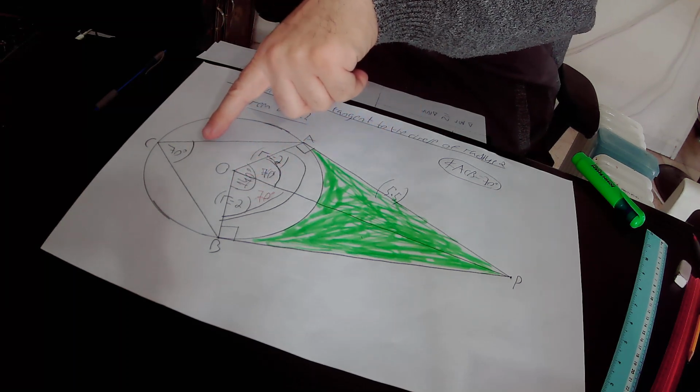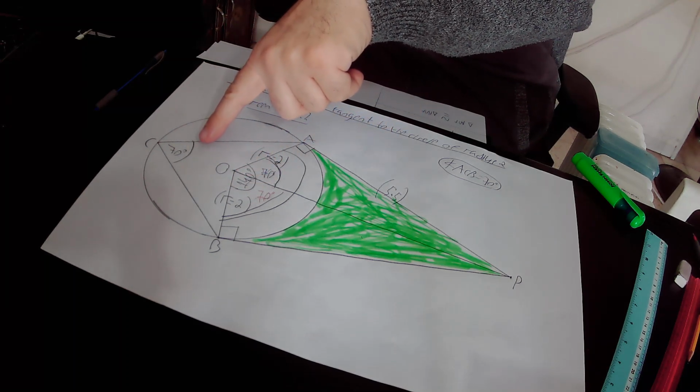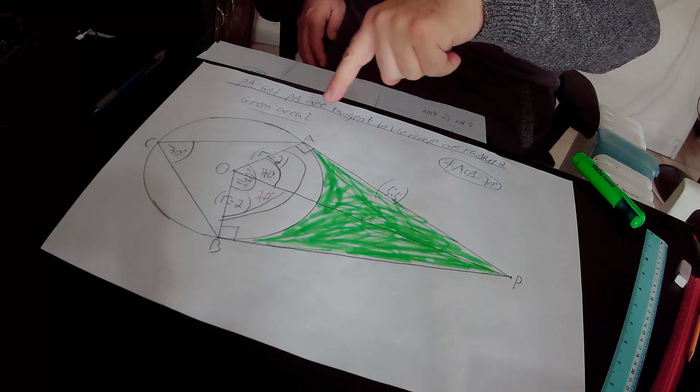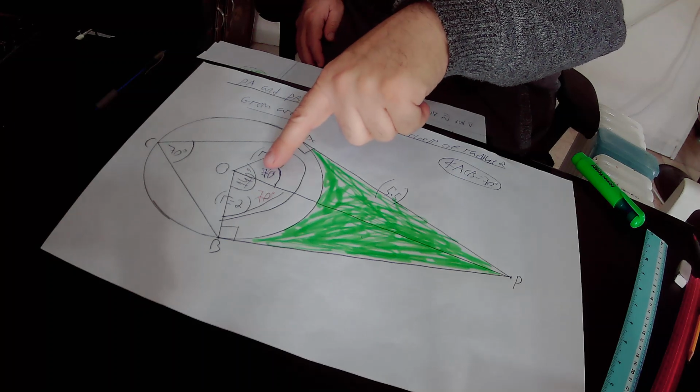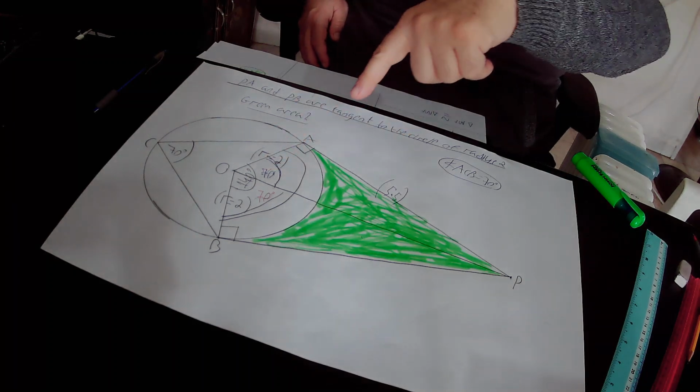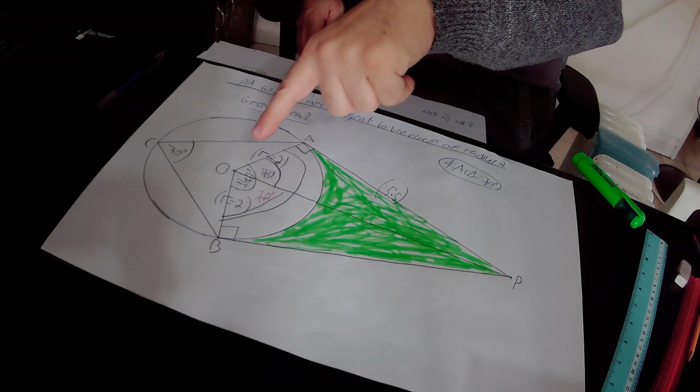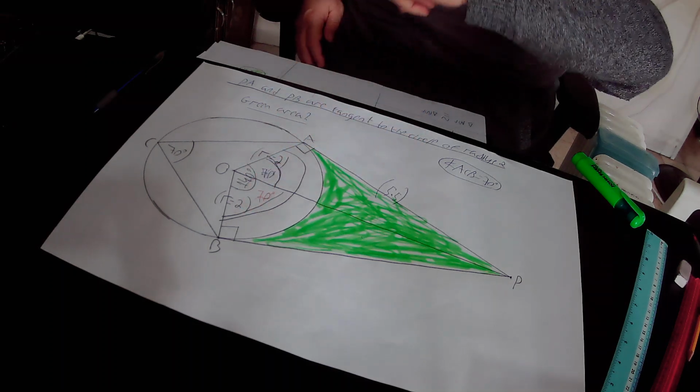The size of the peripheral angle ACB is 70 degrees, therefore the size of the central angle AOB will be equal to 70 degrees times 2, that is 140 degrees. In conclusion, we found out that this central angle AOB is 140 degrees.